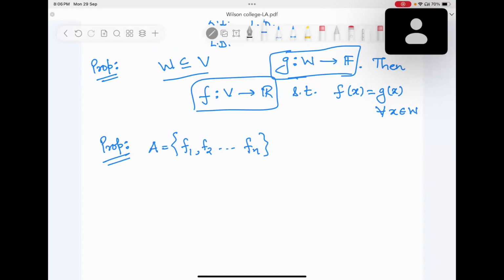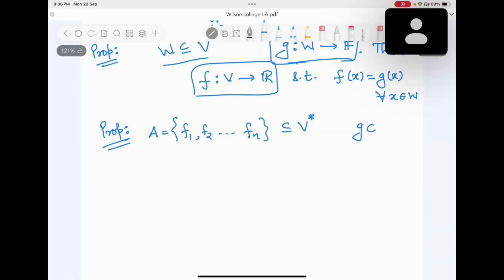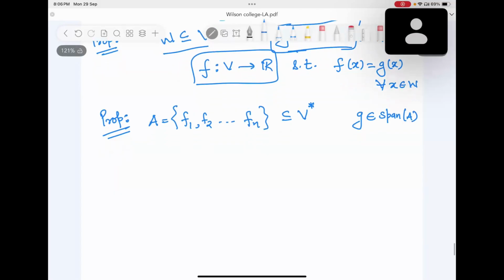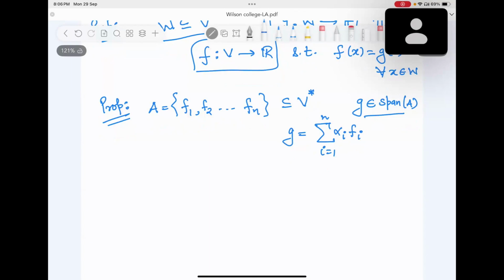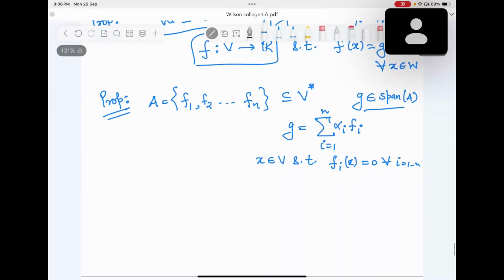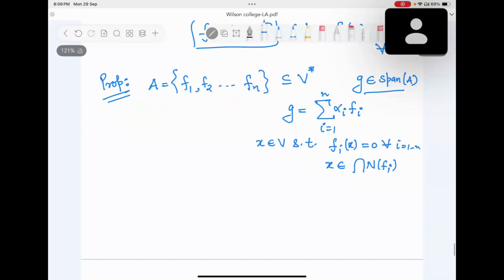These are linear functionals, a subset of V star, call it A. Now suppose g is any linear functional which belongs to the span of A. Then you can write g as the summation of alpha i fi, because it belongs to the span of A. Now if you take a member x in V such that fi of x equals 0 for all i equals 1 to n, the meaning of this is x belongs to the intersection of the null spaces of all fi, i equals 1 to n.